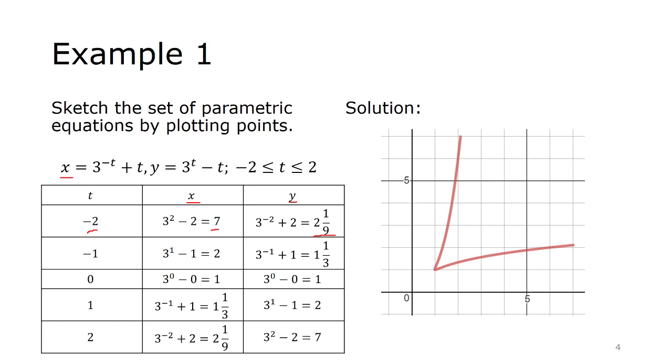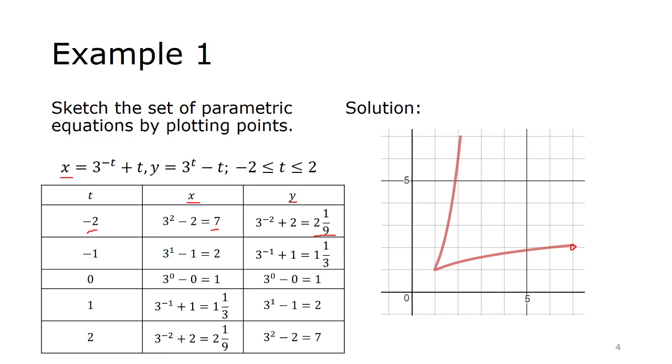It's important to notice the direction, though, like we mentioned before. If we choose that first point when t is -2, we'll end up with the coordinate 7, 2 1/9, which corresponds to the right side of this graph. That's when x is 7 and y is 2 1/9.